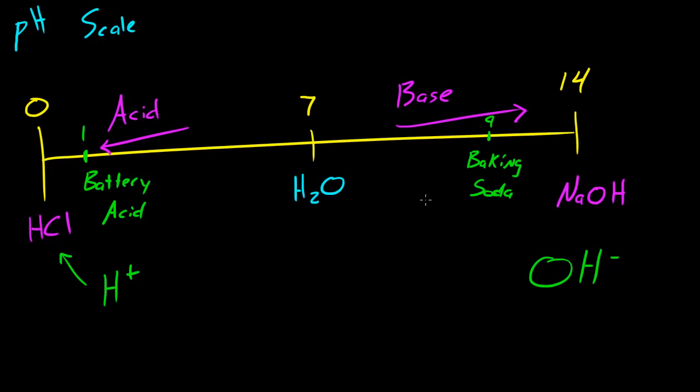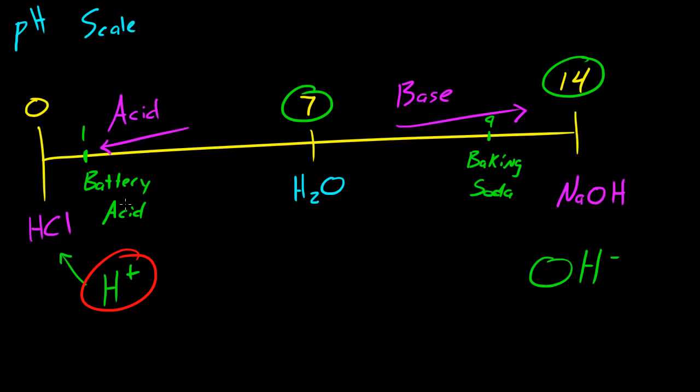So basically that is what the pH scale is. Again, 7 is neutral, 14 means the solution is really basic or releases a lot of hydroxide ions, and whenever we're talking about the acidity, the more hydrogen ions it releases, the more acidic the solution is.